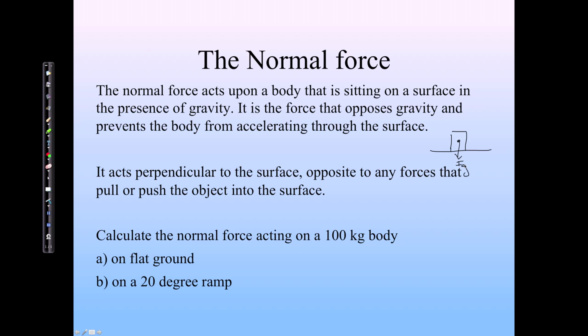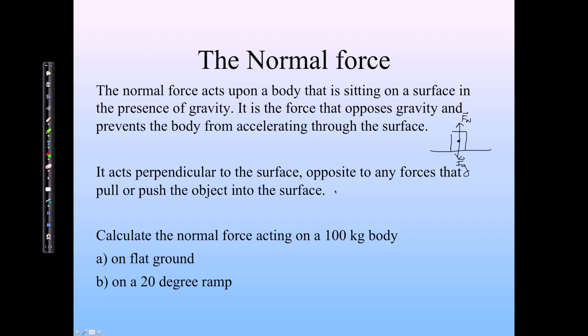Now, because this is not accelerating through the surface, this can't be the only force. Why? Because if it were, then this would also be the net force, and that would cause an acceleration. And so, there must also be a force acting upward to balance that gravitational force, and this balancing force is called the normal, given the symbol Fn, F sub n.